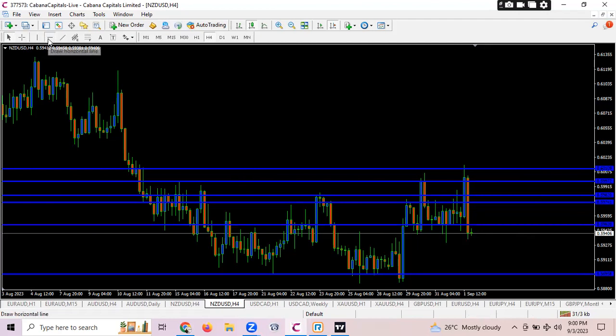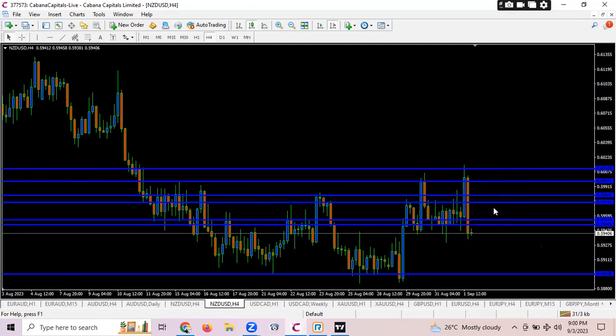This is a support turned resistance. We also had the resistance turned support here, or support turned resistance. Can you see this? So for aggressive traders, you could execute a buy if 4-hour candle closes above this resistance zone. So this could be your first entry, second entry, third entry.